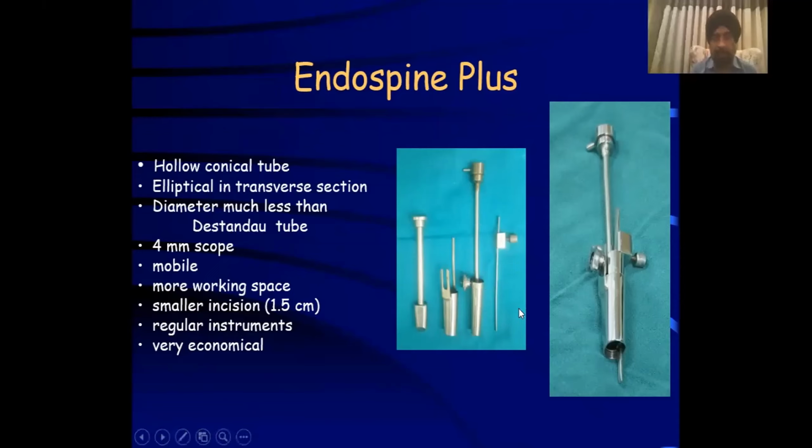Its diameter is much smaller, so it becomes easy to manipulate and handle the instruments, and you can use normal instruments like the Kerrison punch and bipolar also, and it becomes easy to perform and learn the surgery.